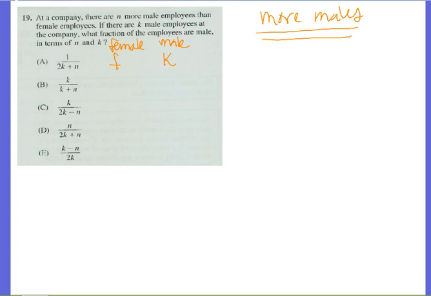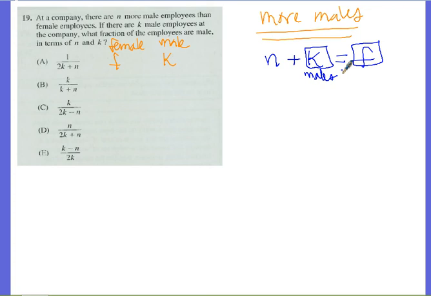So n more males makes you want to do this: N more males than females, and that's actually incorrect. If these are the males and these are the females, you actually are saying that there's more females because you're adding a number to the males right here. And if you don't understand that, you can actually just pick real numbers and see what happens.